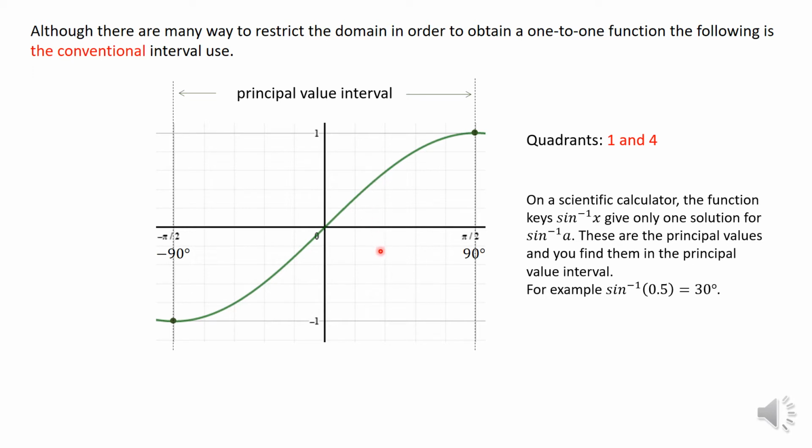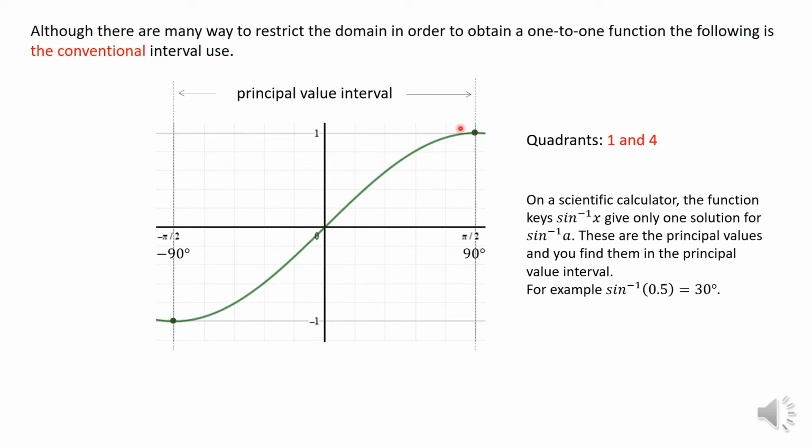If you punch on your calculator the inverse sine of 1, you are going to get a 90-degree angle.